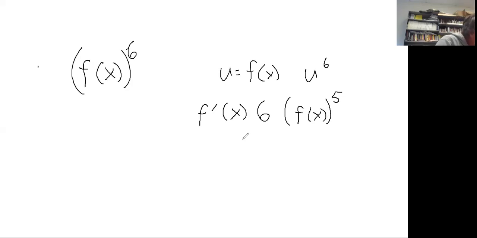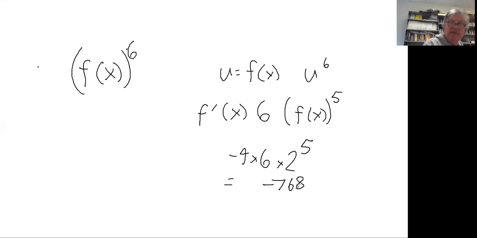And then we're told what all the numbers were, right? We were told that f of 93 is 2, so we get 2 to the 5th times 6, and f prime of 93 there was -4. And if you multiply all those things together, you get minus 768.